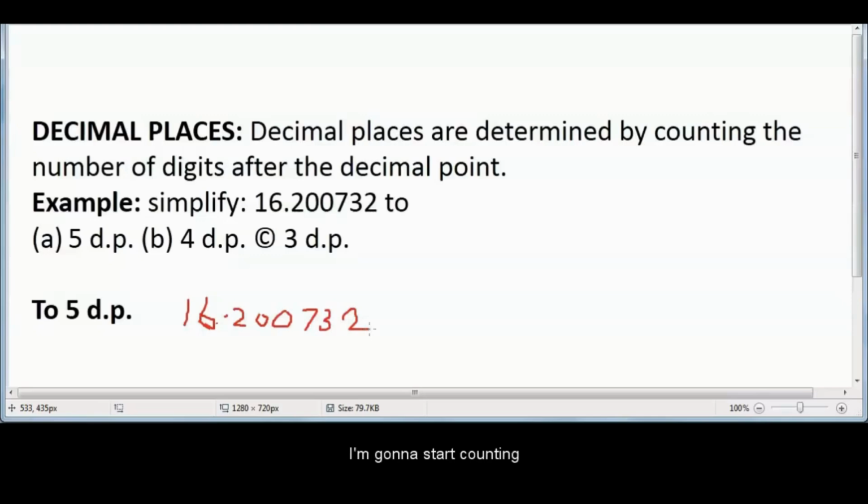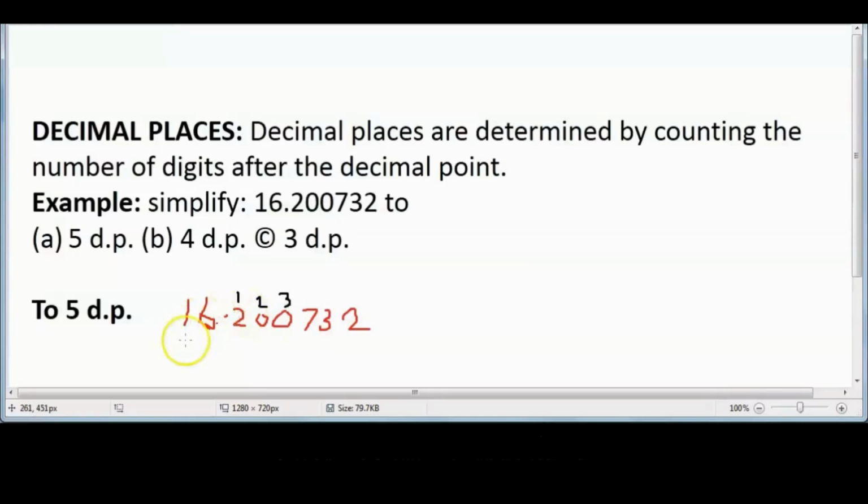So I'm going to start counting after the decimal point. 2 is the first digit after the decimal point, so I'll start from here. 1, 2, 3, 4. I'll also include the zeros, as long as they are in between non-zero digits. Zeros in between non-zero digits are counted.